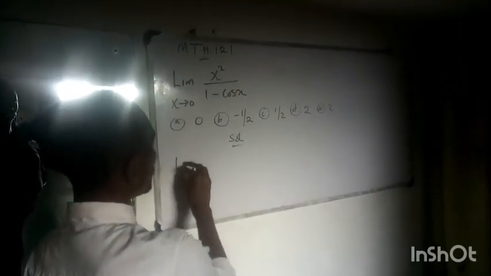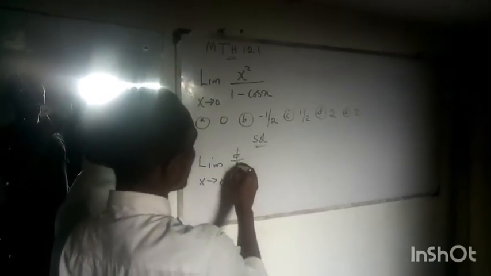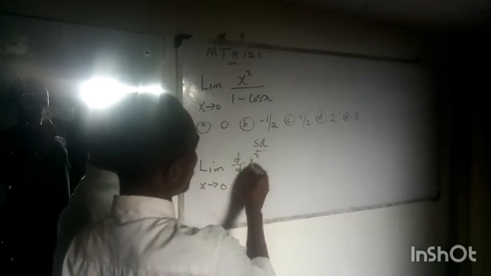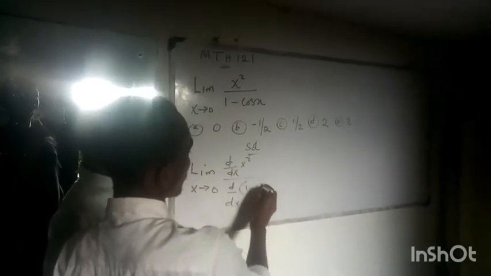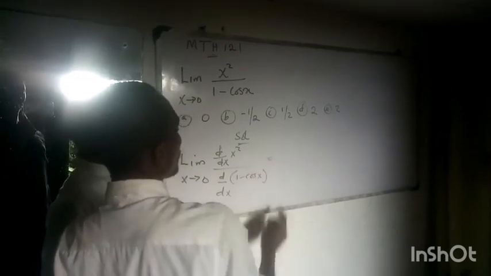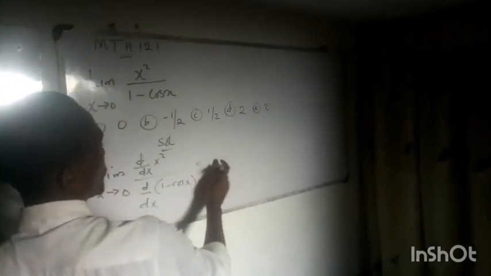So let's differentiate the numerator and the denominator. The differentiation of x squared is 2x.